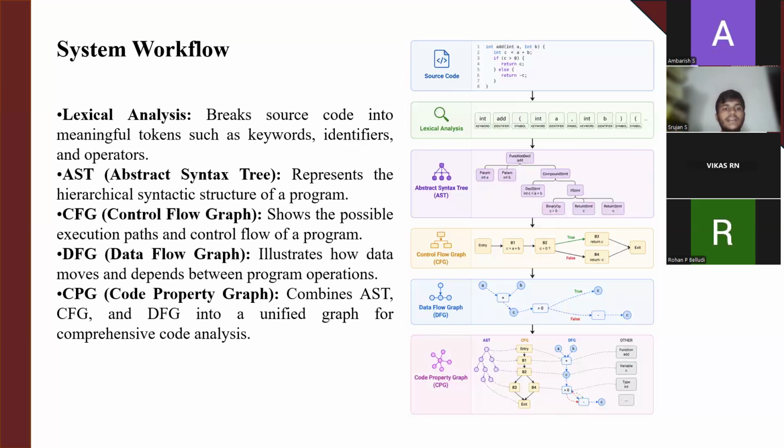DFG, the data flow graph, illustrates how data moves and depends between program operations. CPG, the code property graph, combines AST, CFG, and DFG into a unified graph for comprehensive code analysis.